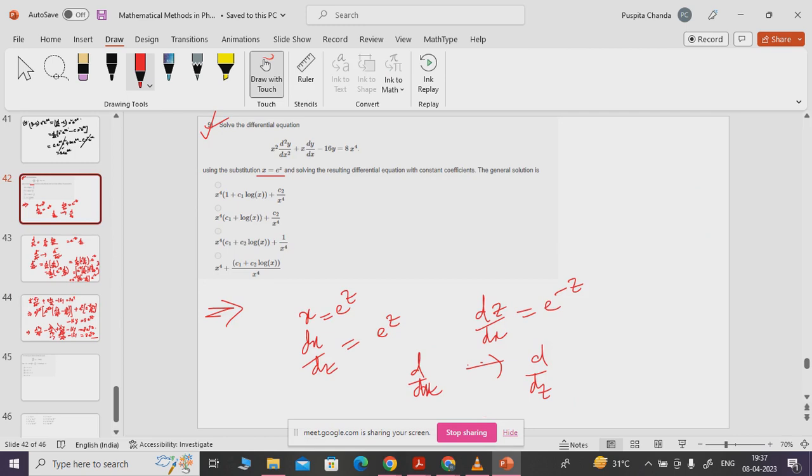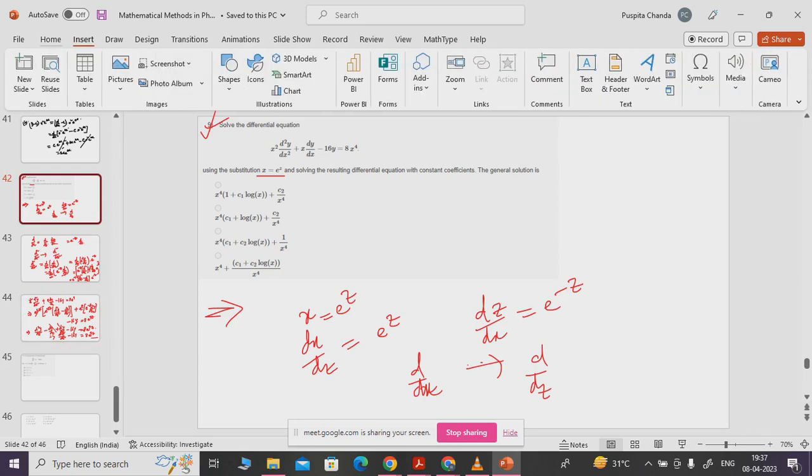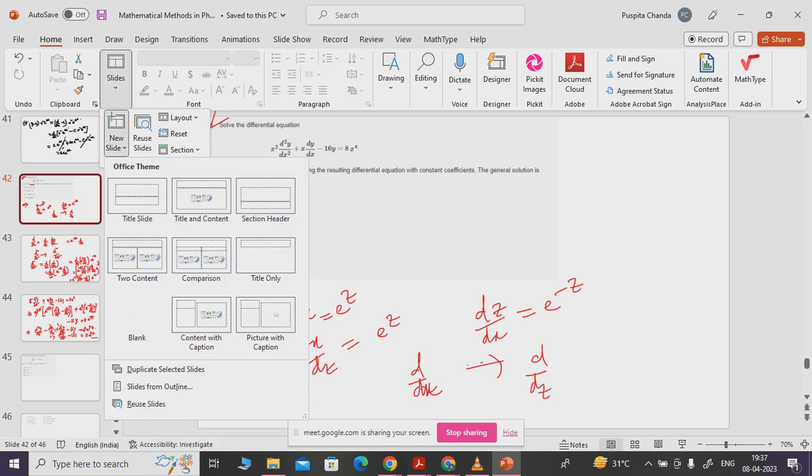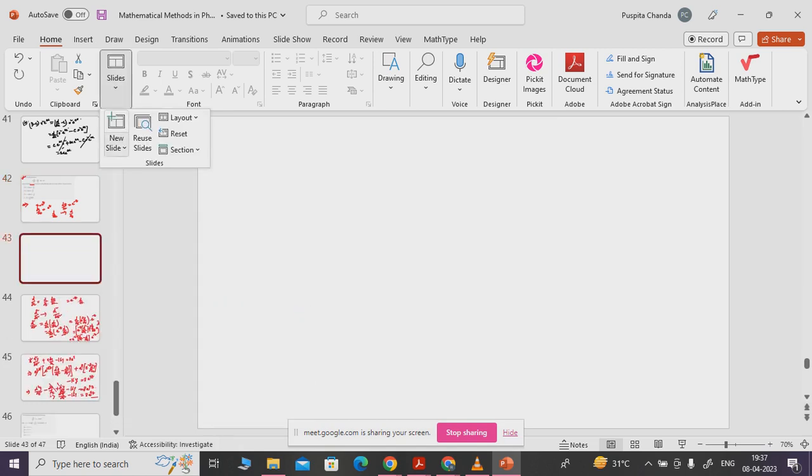Now we know how to solve it. So when we have a second order differential equation with non-constant coefficients, here x squared, x is not constant, but when we put x is equal to e to the power z, the resulting differential equation will be a differential equation with constant coefficients. Then we know how to solve this.